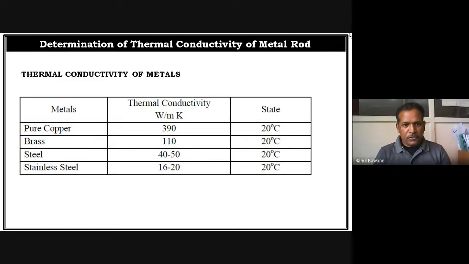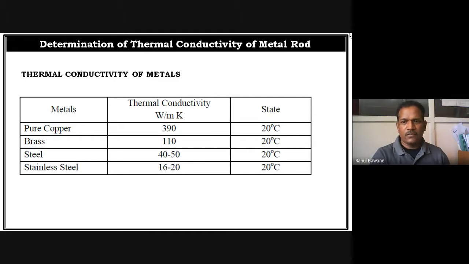But transfer of free electrons reduces as lattice vibration increases. As the molecules vibrate, they obstruct the path for the free electrons to flow. So remember, a very important statement: for metal, when we heat up a metal, its thermal conductivity is reduced.